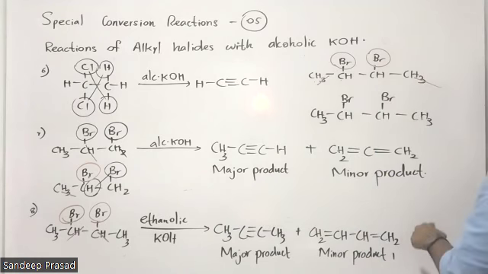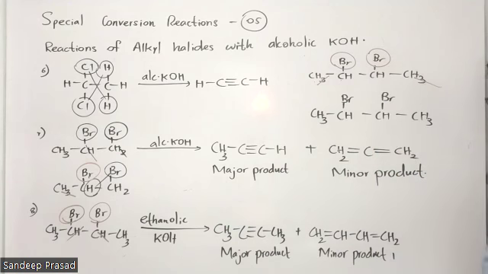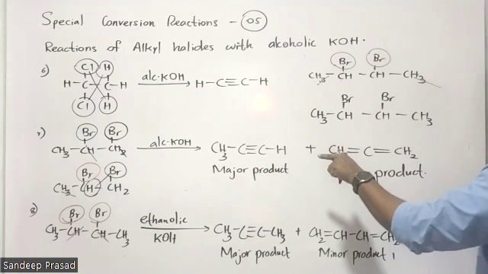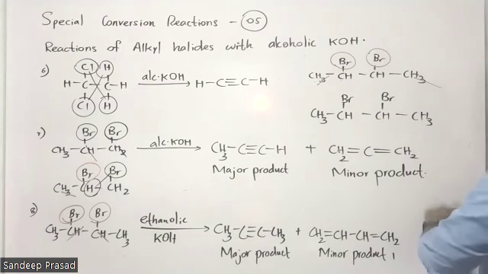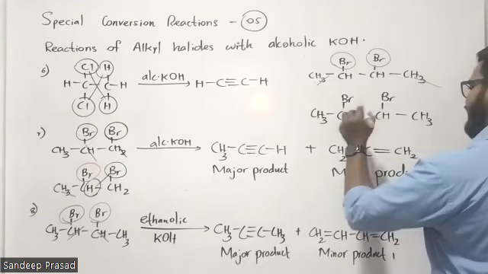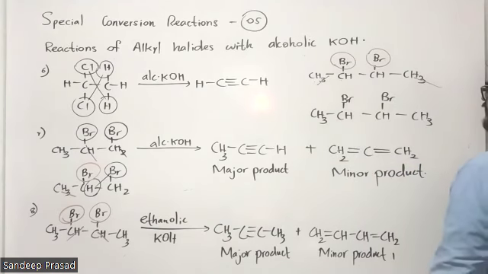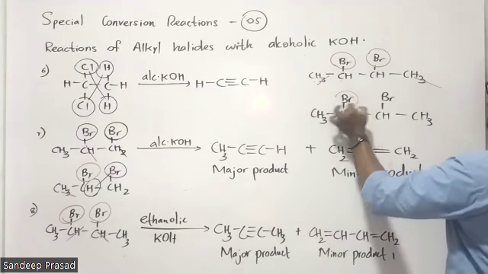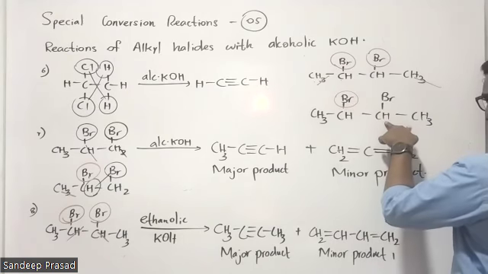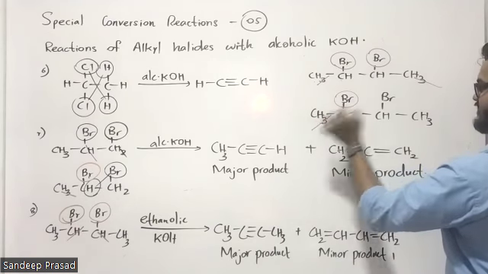But here in the second minor product, I'm going to choose only one carbon atom that follows the Zaitsev rule and one that violates it. So let me consider this left-hand side carbon atom is violating the Zaitsev rule. Bromine should be eliminated with this hydrogen, but violating the rule, hydrogen is eliminated from here.